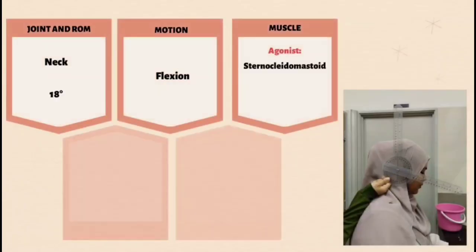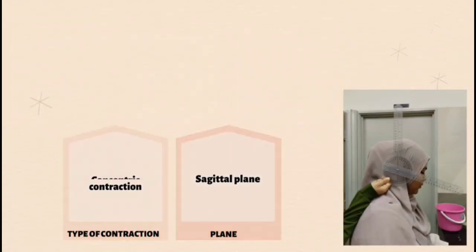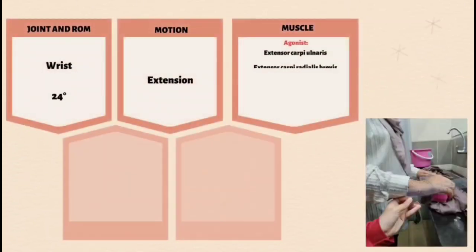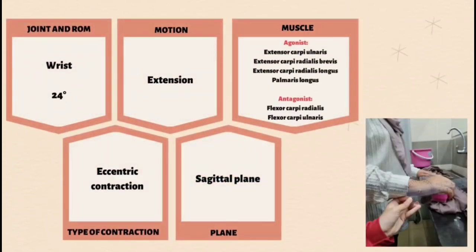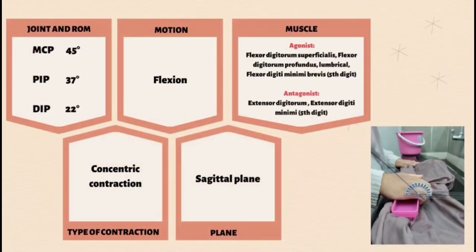The first motion is the flexion of the neck joint at 18 degrees of range of motion. Next, lateral rotation of the shoulder joint at 24 degrees. Wrist joint extension at 24 degrees. The flexion of the MCP joint at 45 degrees.